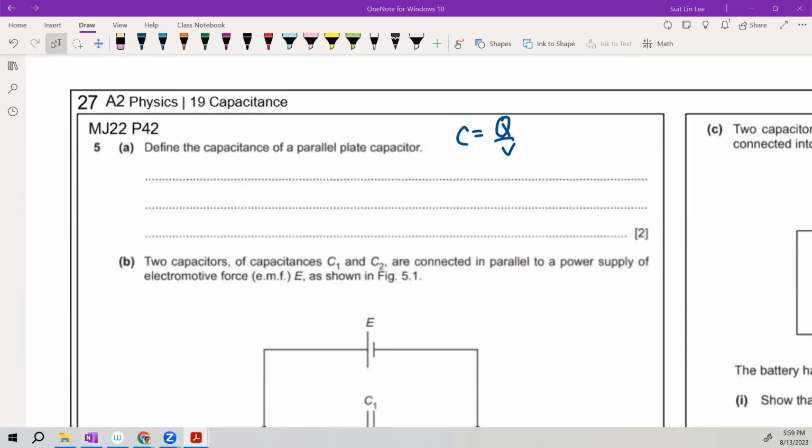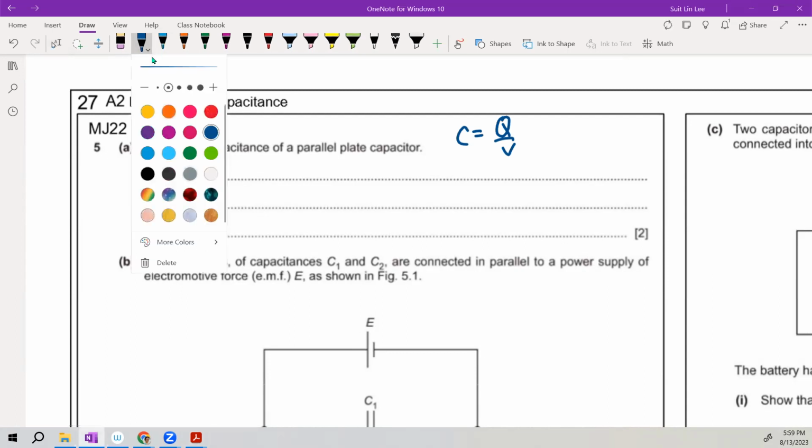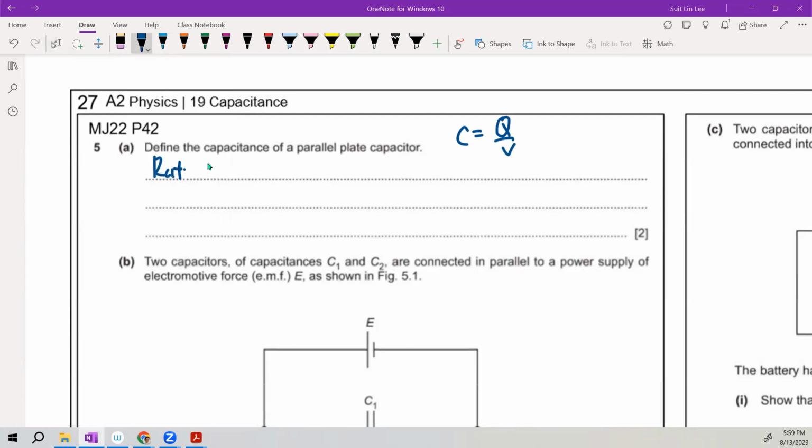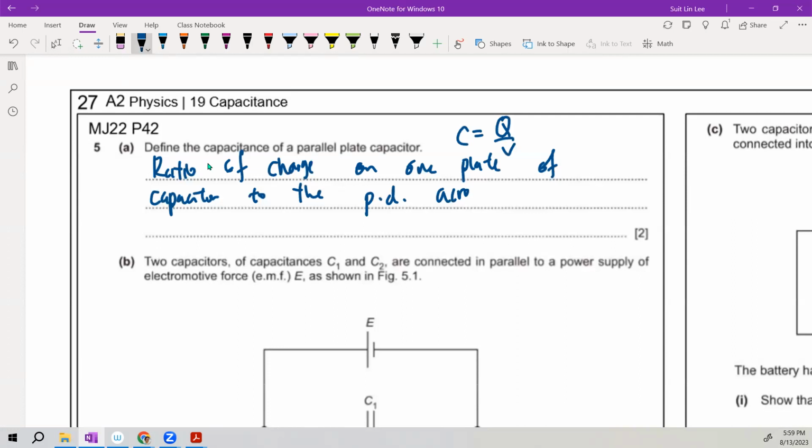So this one is defined as the ratio of charge on one plate of the capacitor to the potential difference across the plates.